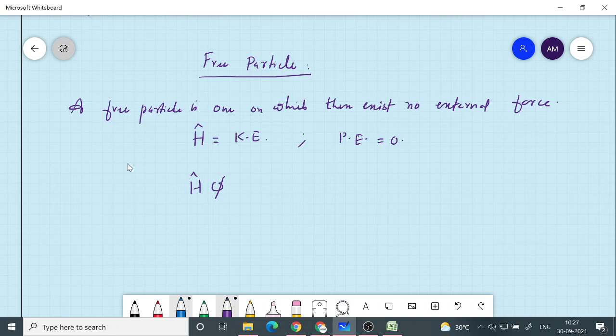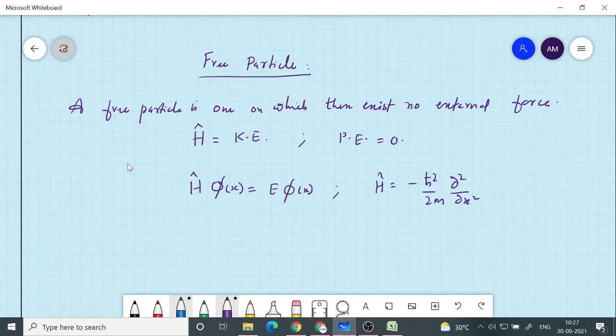So let's take a 1D problem. H phi of x is equal to E phi of x. Now what is H? H is only minus h-cut square by 2m, del square by del x square, because kinetic energy is the only thing in the Hamiltonian.